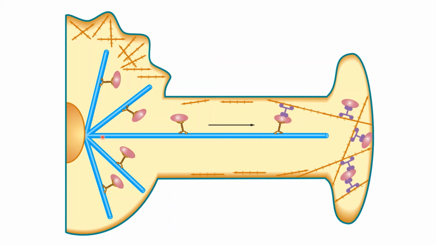So it's quite busy. Both the microtubules and actin filaments are used as railways by dyneins, kinesins, and myosins in moving vesicles and organelles inside the cell.